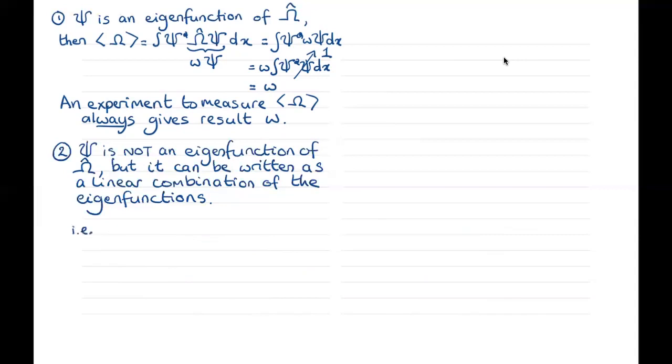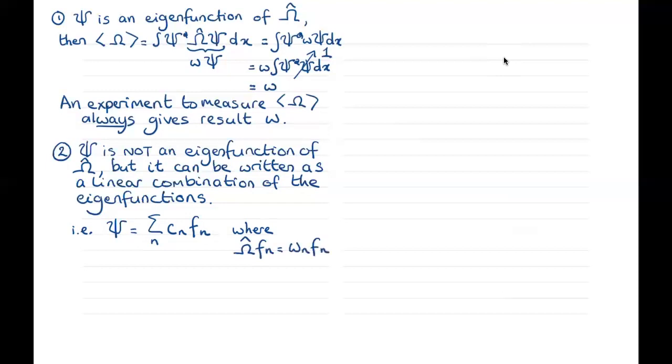So we can write our general wave function as a sum over the eigenfunctions multiplied by some coefficient, where the operator omega operating on f sub n is equal to some eigenvalue times f sub n.